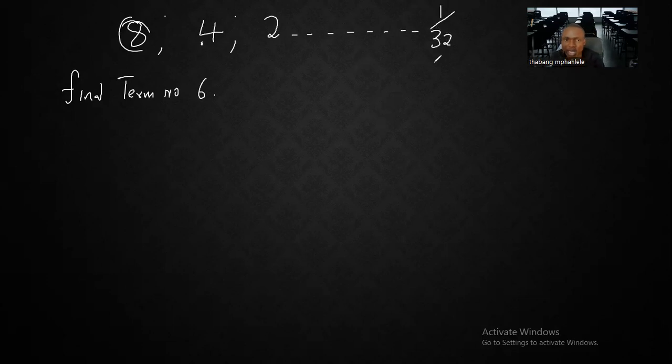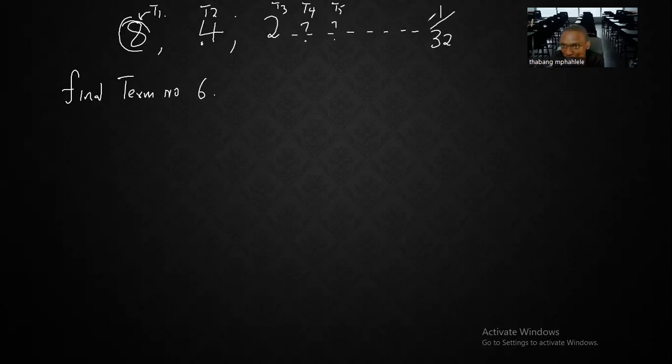So now you know that the sequence is continuing. You have got the sequence 8. On the first term, we have got 8. On the second term, we have got 4. On the third term, we have got 2, and the sequence is continuing. On term number 4, we have got something. On term number 5, we have got something.